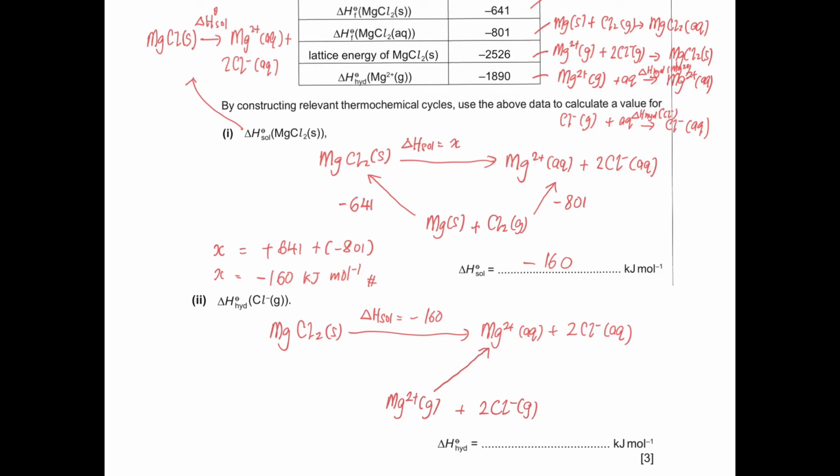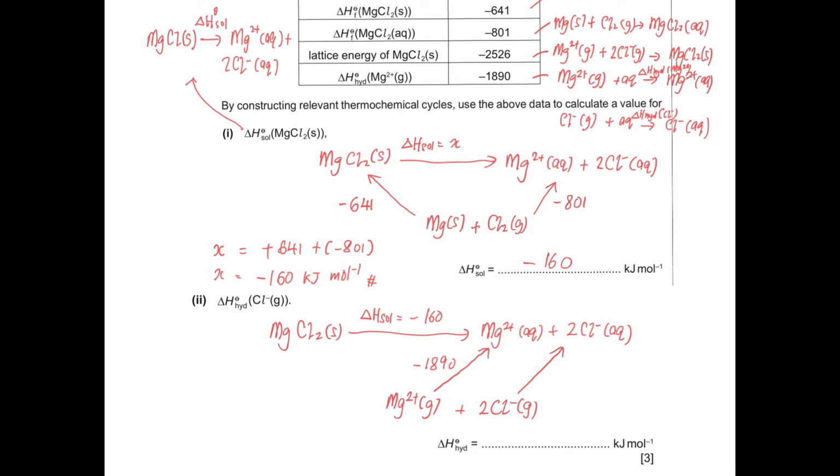This one is given as the delta H hydration, which is minus 1890.